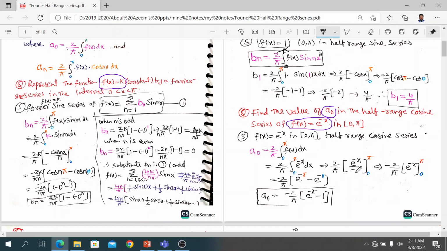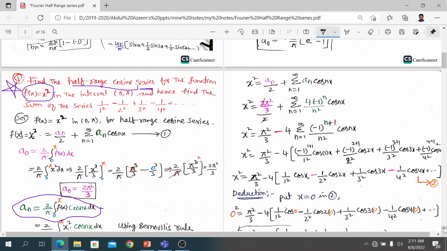So taking this minus outside, it becomes minus 2 by pi e power of minus x as it is. Now upper limit minus lower limit: e power of minus pi minus e power of 0. So minus 2 by pi outside as it is, e power of minus pi as it is, minus anything power of 0 is 1. So this is a naught.